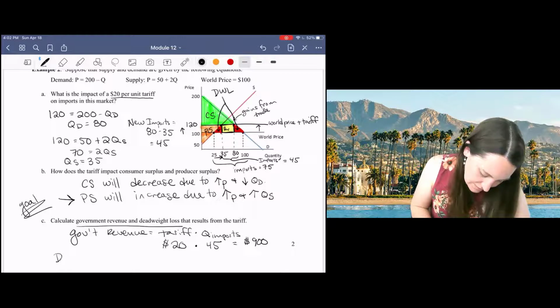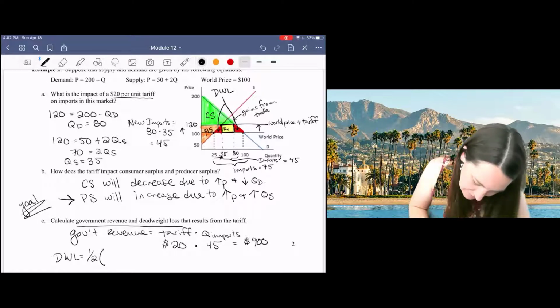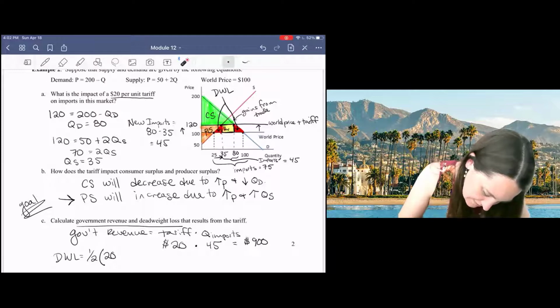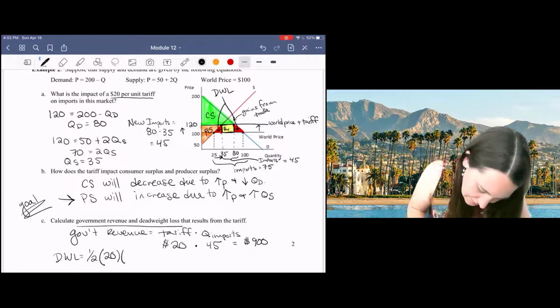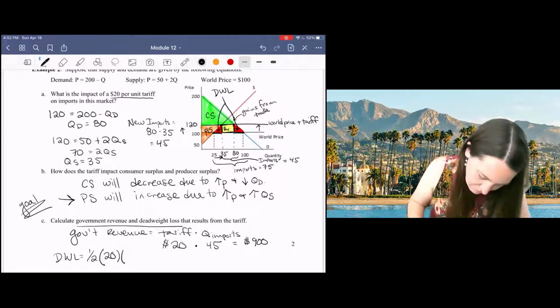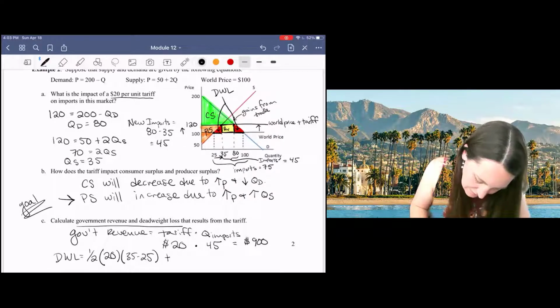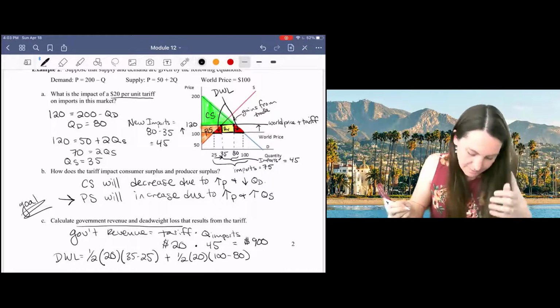So we can calculate the deadweight loss, the decline in surplus due to the restriction on the market, as 1/2 times the height of the triangle, which is 20, right? And then the width of the triangle, it's going to be different for each triangle. So you have to do 2 of them. All right. So here we have 1/2 times 20 times 35 minus 25, plus 1/2 times 20 times 100 minus 80.